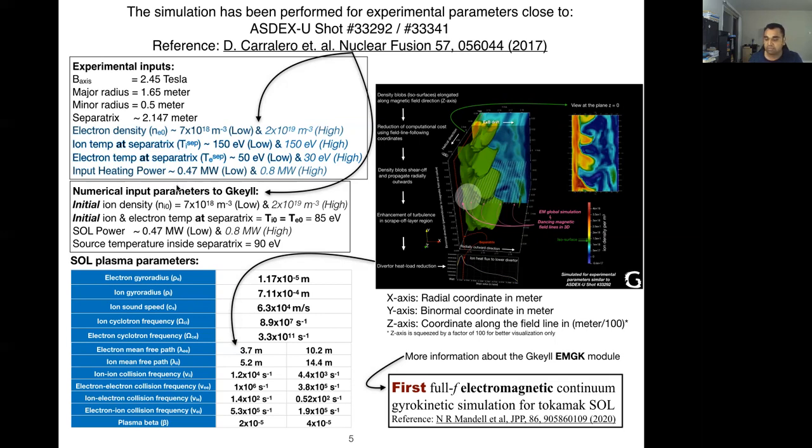And we let the simulation evolve, and the radially outward profiles get self-generated with time. And then we compare these self-consistently evolved radial profiles from our simulation with the experimental data.